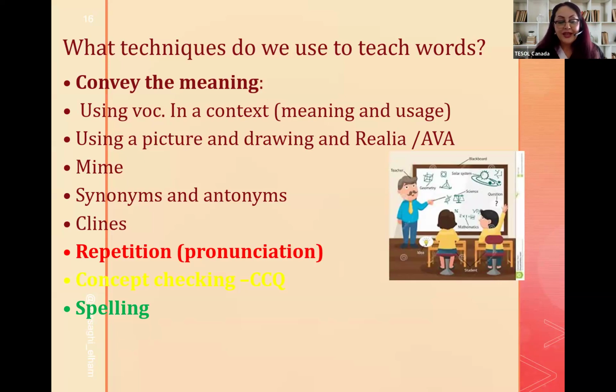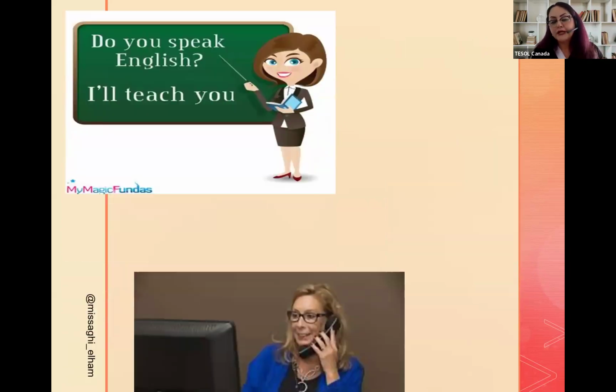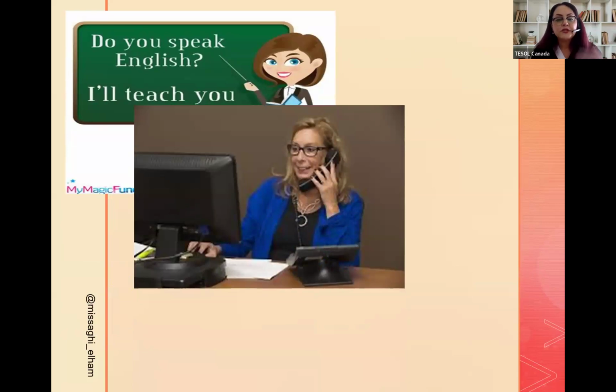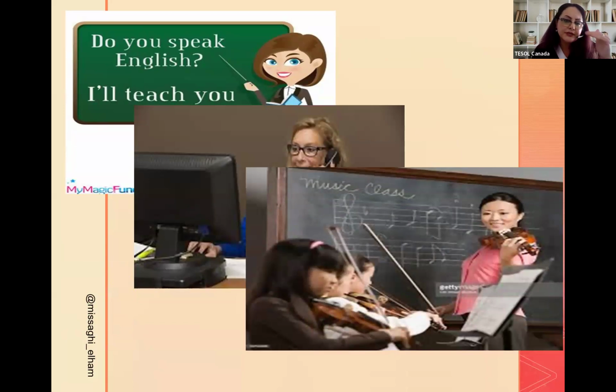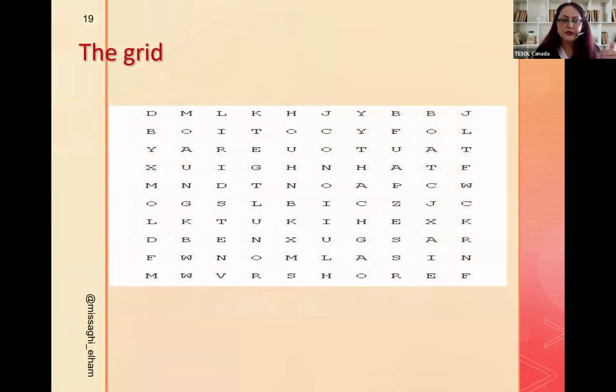Okay. And then spelling. It depends on the level. We start with the easy words like 3-letter words or 4-letter words. After they learn the alphabet, they learn how to write frog, monkey, pan, top, like easy words. Then little by little harder words. For practicing spelling, you can use the grid.